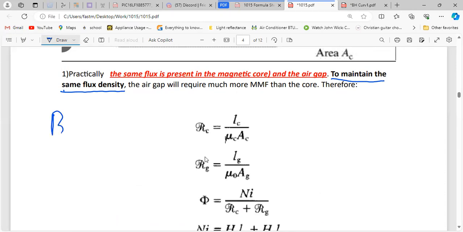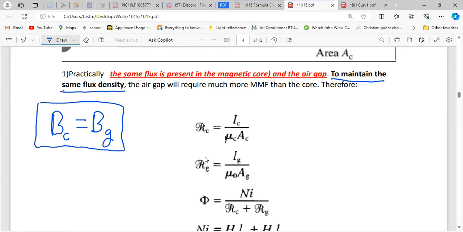The B, or the flux density, in the core is the same as the flux density in the gap. I cannot stress this enough. Once you remember that link, questions get easier, because once you have B, you can literally go anywhere in this course. B is a very important value to have.